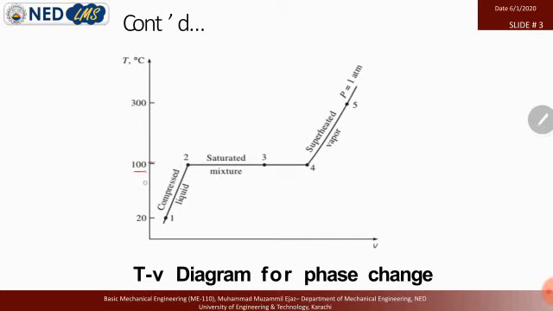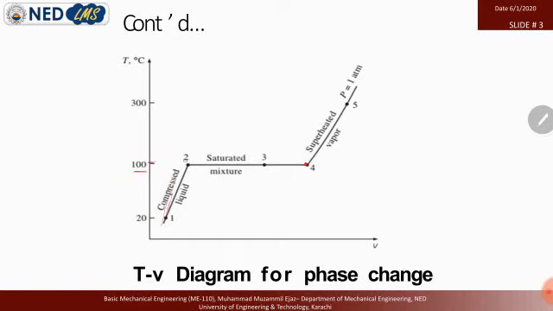If we reduce the pressure, the boiling point also reduces. So first of all, it reaches the boiling point. When the boiling point is reached, the phase change process starts. The water converts into steam until the whole water has converted into steam. Then it again reaches a saturated point: a saturated vapor point, and before it a saturated liquid point.